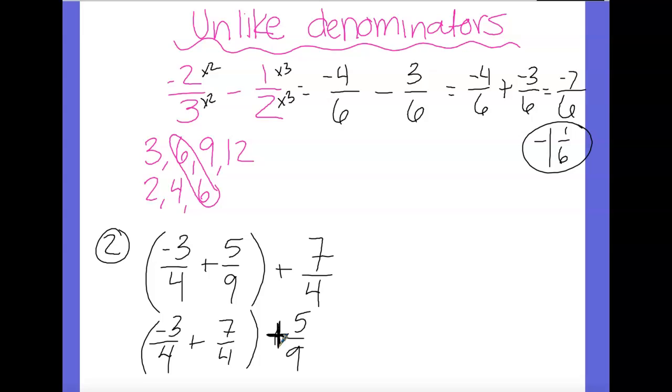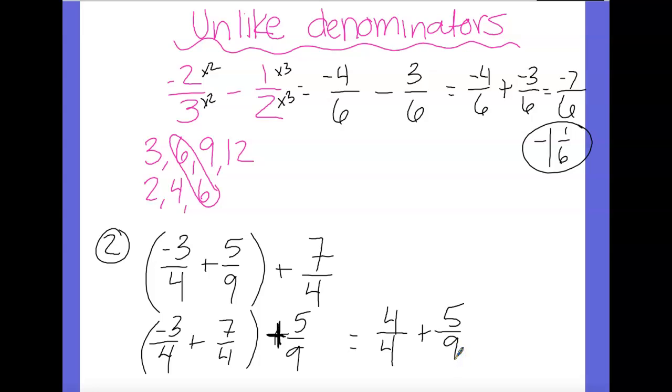All right, so now that we've regrouped them, I would do my parentheses first. If I have 3 negatives and I have 7 positives, do I have more negatives or positives? Positives. How many more? So now I have 4 over, what's my denominator? 4 plus 5/9. Look at that, we have a nice, easier fraction.